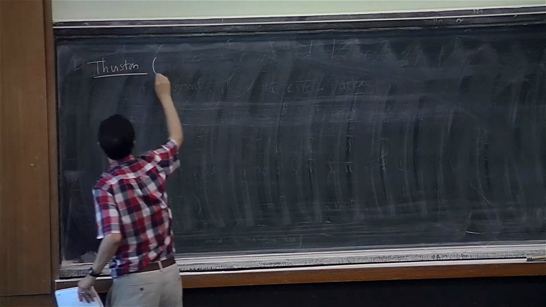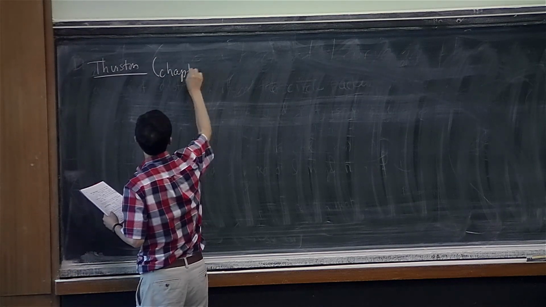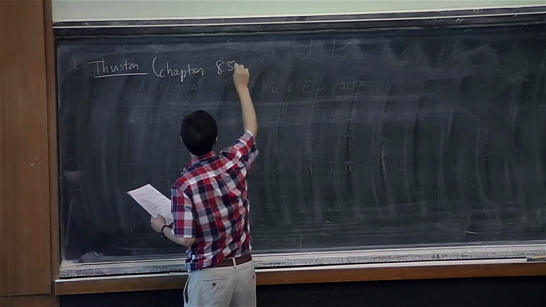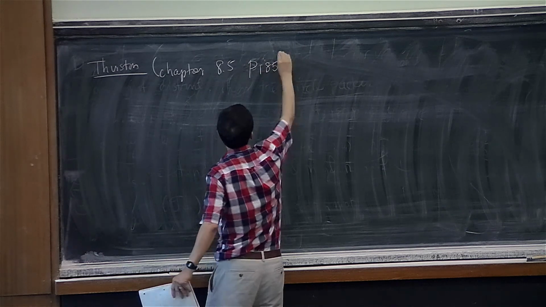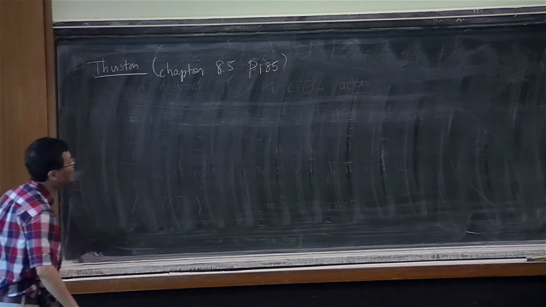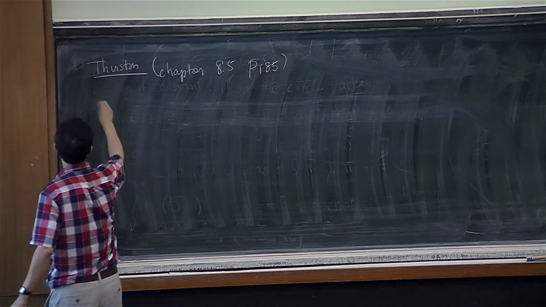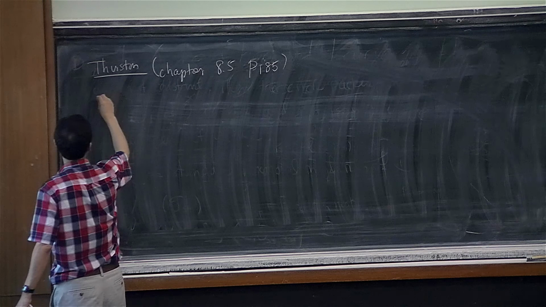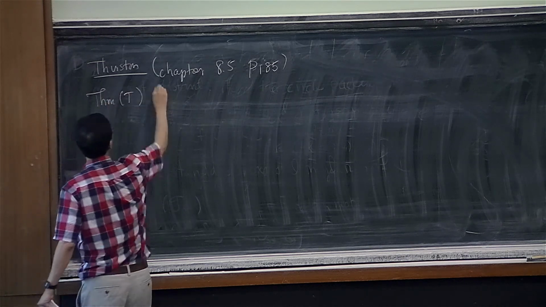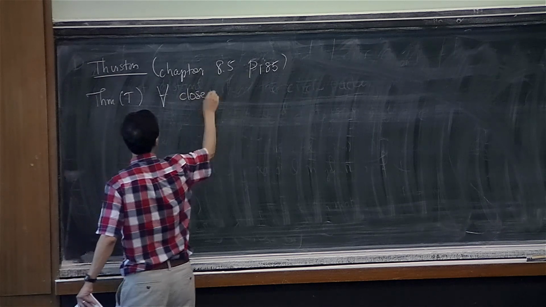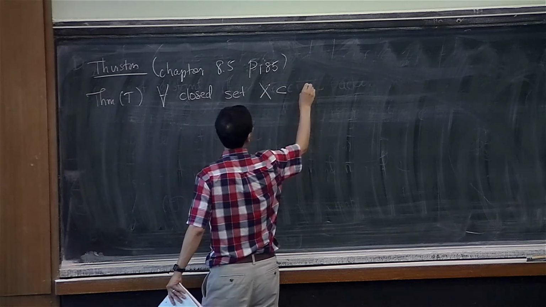This is in his chapter 8. If you look at the notes, the first paragraph of 8.1, page 185, and his proof is really interesting. You read the proof. So let me tell you what the theorem is. The theorem is relatively simple. Take any closed set X in the Riemann sphere.